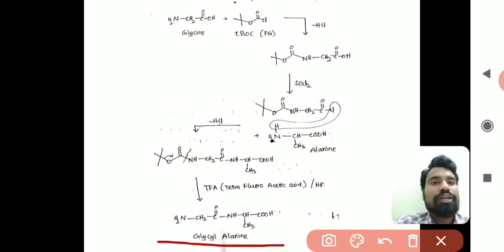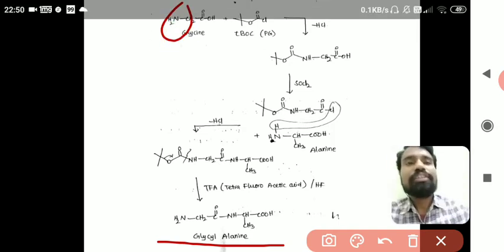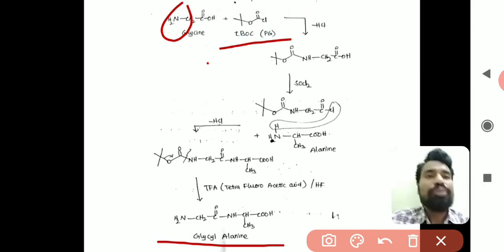In this we have protected the amino group of glycine with a protecting group, that is Boc, tertiary butyloxycarbonyl. That amino group will not react with carboxylic acid, hence it may not give any other dipeptides. So only the desired dipeptide would be formed.